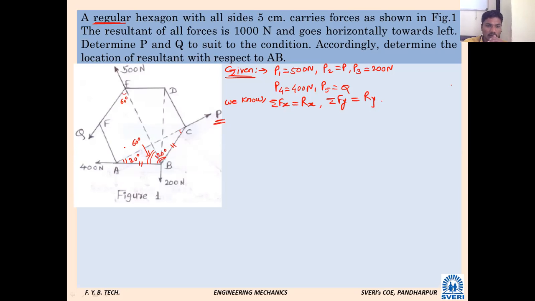No. Already it is there. Angle of Q. What will be the angle of Q either with horizontal or with vertical? How we can find angle of Q either with horizontal or with vertical?